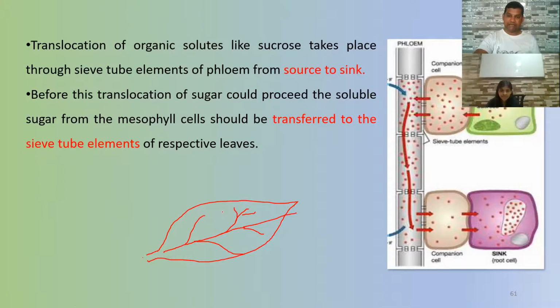Leaf के lamina में suppose any one mesophyll over here. This is where the sucrose is manufactured. अब ये सुक्रोज को फ्लोएम तक डाल के translocate करना है. The nearest veinlet is this one.